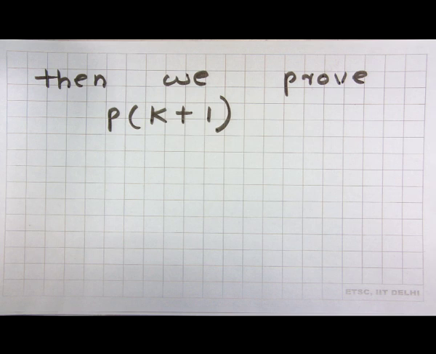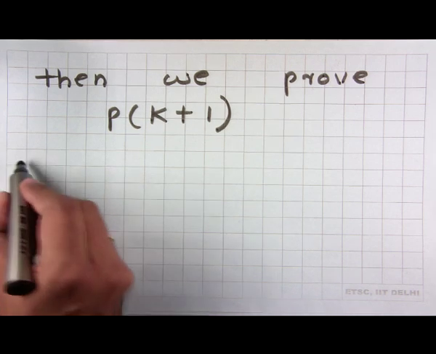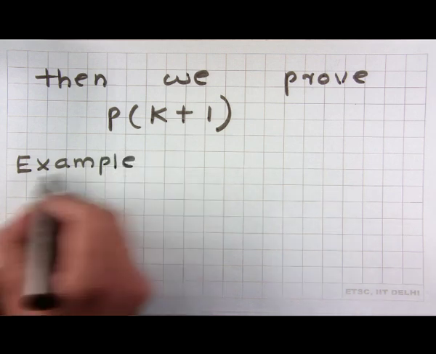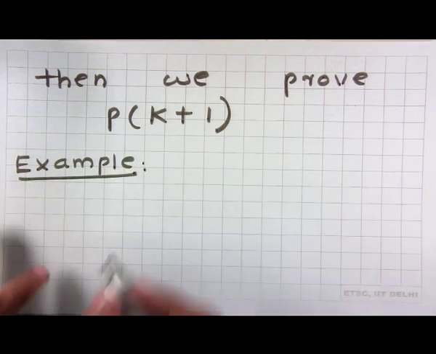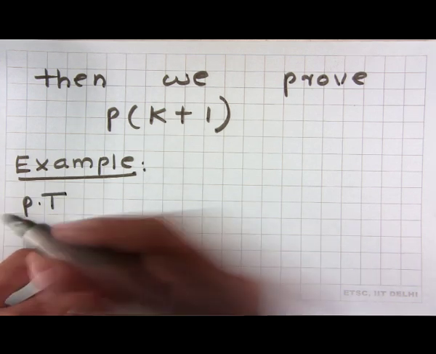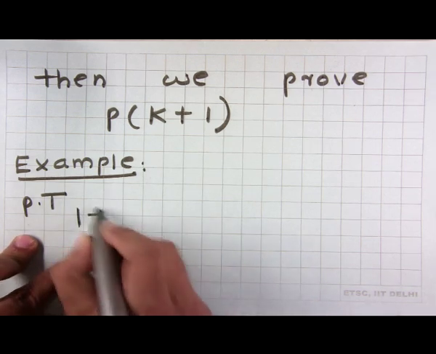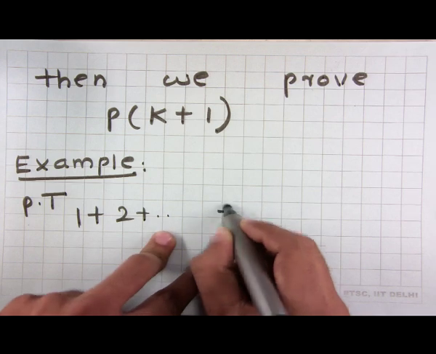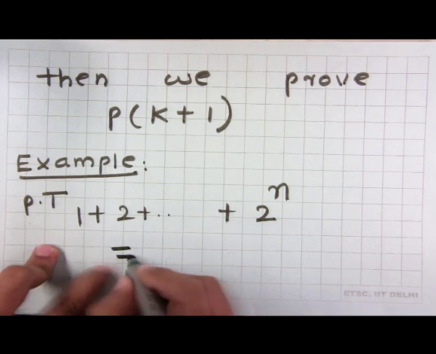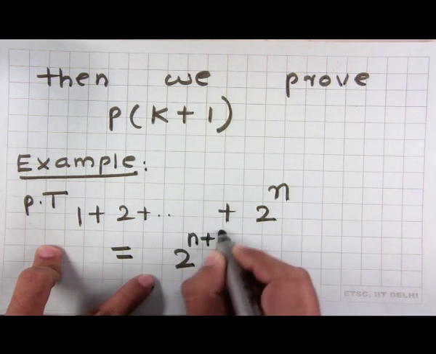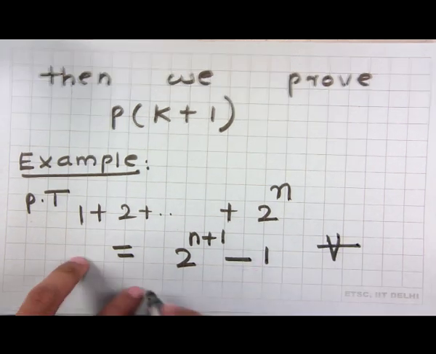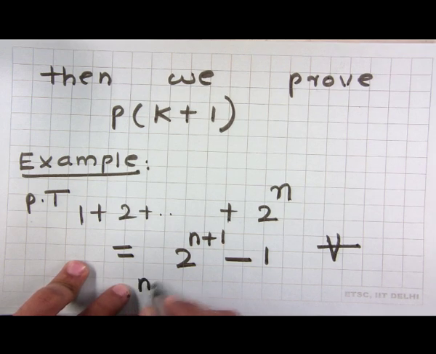In this context, let me give an example. Prove that 1 plus 2 plus etcetera plus 2 power n is equal to 2 power n plus 1 minus 1 for every non-negative integer n.